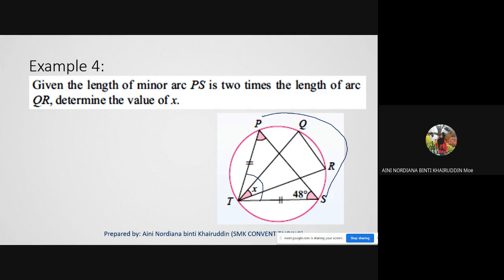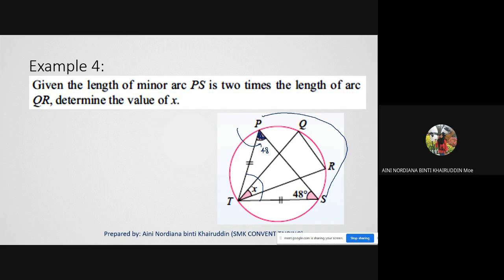So that means PTS is an isosceles triangle. So what is the angle for this? 48 degree. Okay? 48 degrees. Yes, 48 degree.